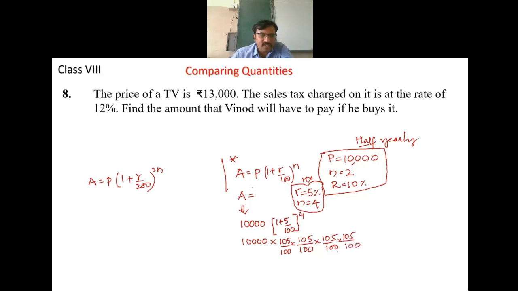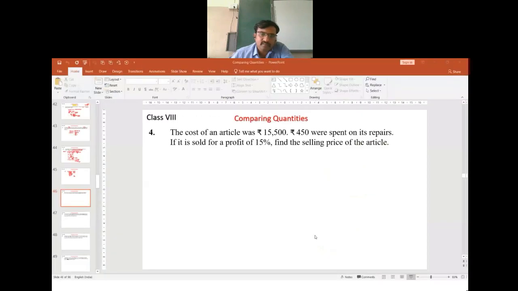Here possible zeros are 4 zeros, we can cancel that. 105 into 105 into 105 into 105, this is to be done, sir. How do we do that?